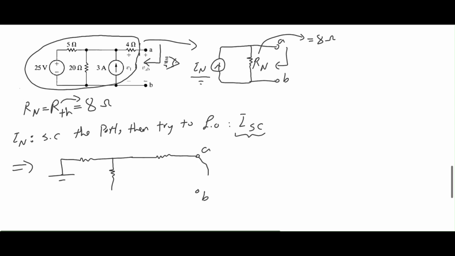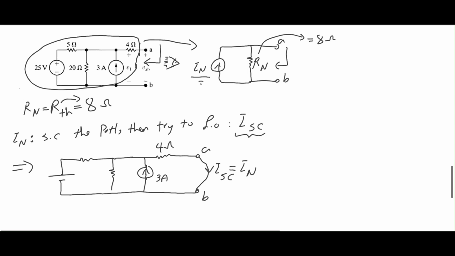This time I'm gonna short circuit the port, go all the way down to the beginning of my circuit. I have a 3 amps here. Okay, and this short circuit current this time is what I need to find, which is the same as my Norton current.